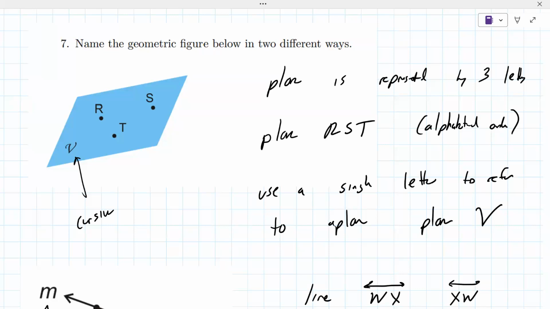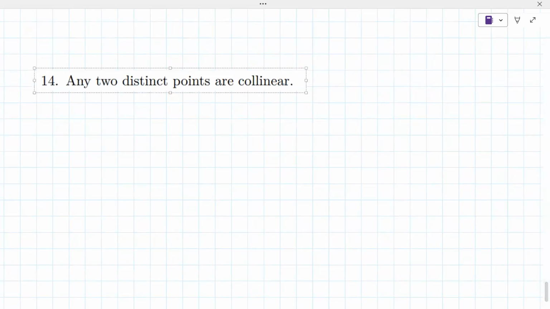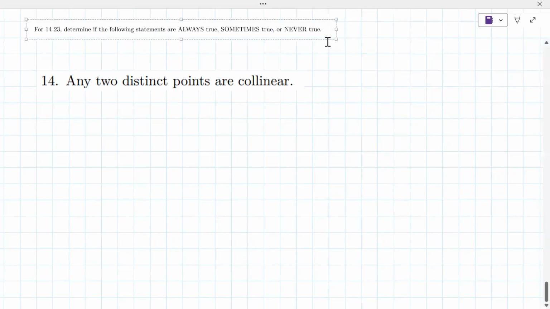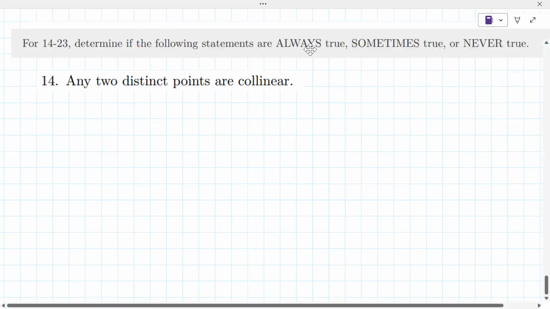All right, so then there's this classic exam question where they ask you if something is sometimes, always, or never true. Students don't like these. I don't like them either. But these do come up, so we have to know how to tackle them.